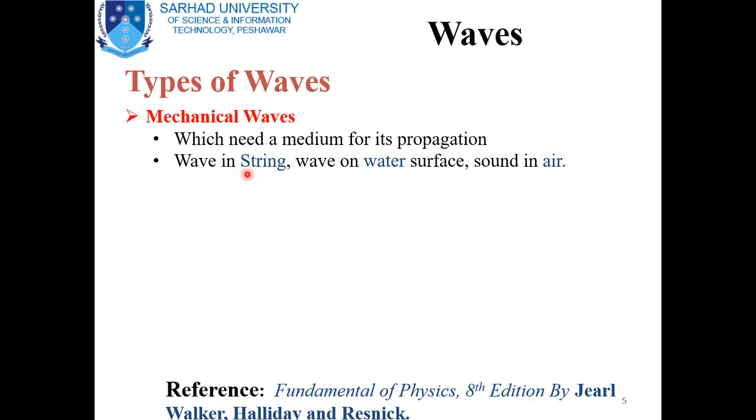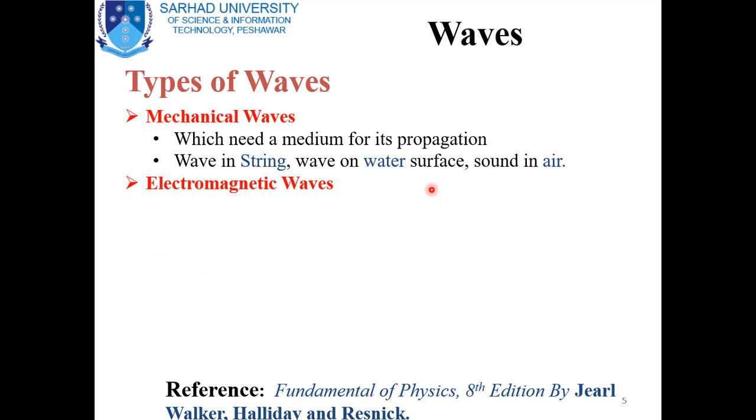Wave in a string, the string is a material for this wave. Wave on a water surface, so water is the material medium, and air is the material medium for the propagation of sound. Without these mediums, these waves cannot propagate from one point to another point.